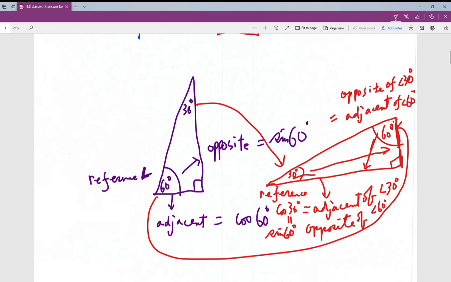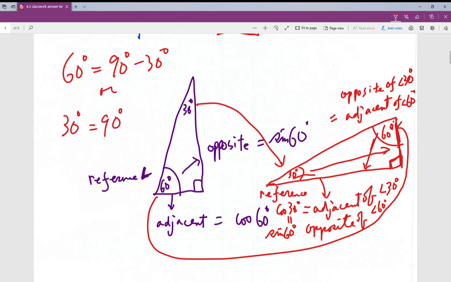And we mentioned these two acute angles in the right triangle are complementary. So if two angles are complementary, we say 60 equals 90 take away 30, or 30 degrees is 90 minus 60. So in this special situation, alpha equals 90 take away beta, or beta equals pi over 2 minus alpha.